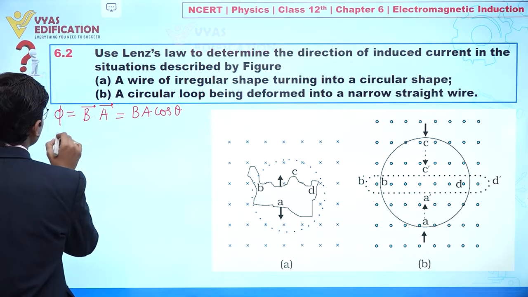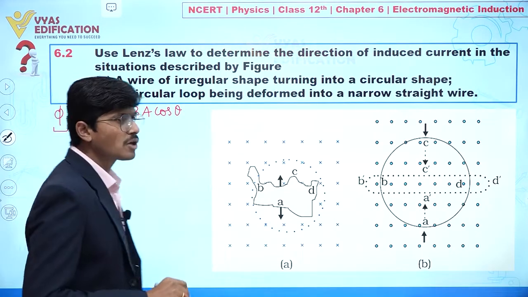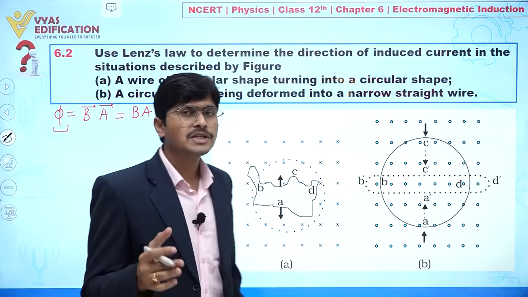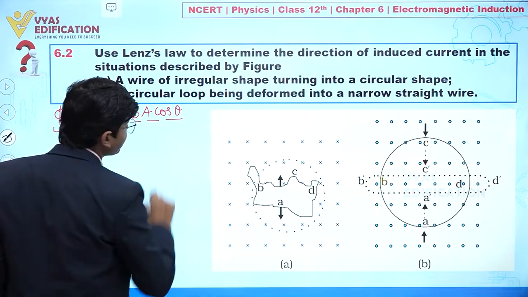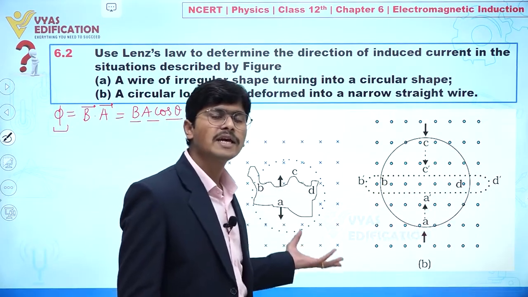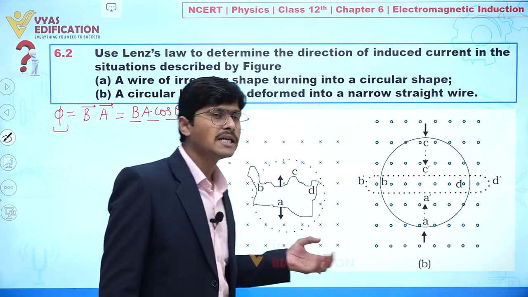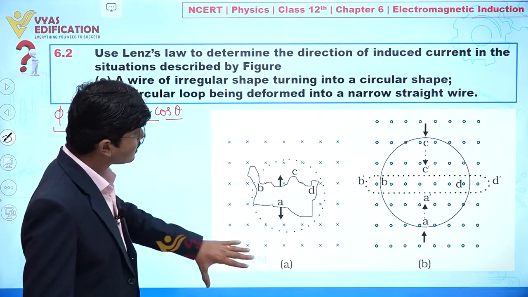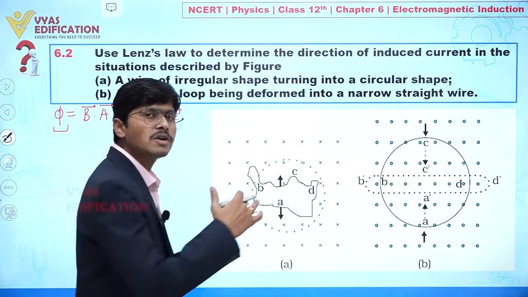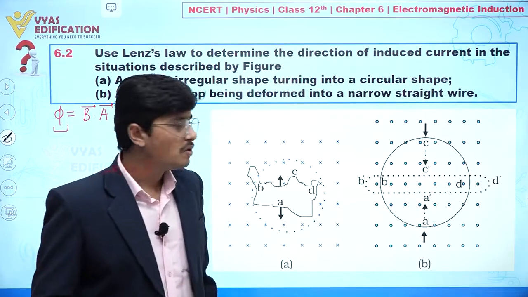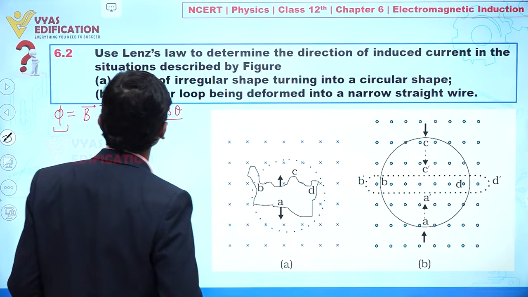So my important conclusion is, change in magnetic flux may take place due to these three things. Suppose we take a variable magnetic field. In diagram A, the magnetic field is perpendicular inward, already given in this question.